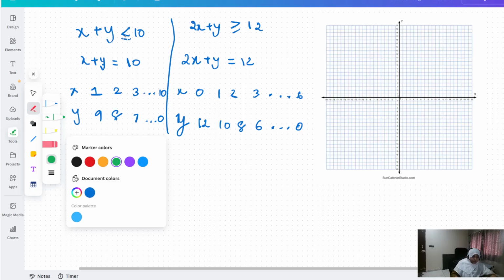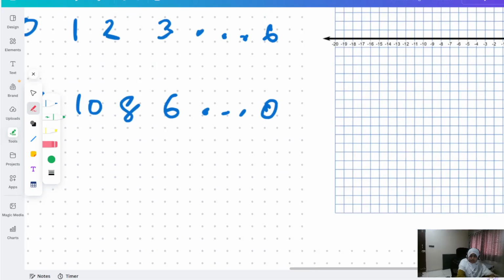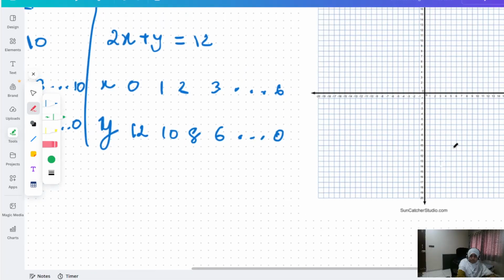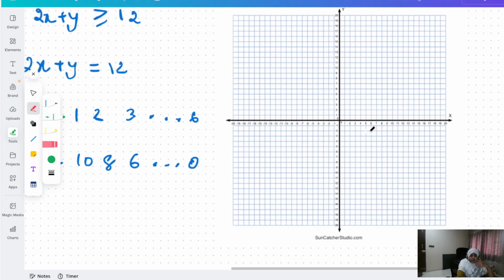For this inequality equation, I'll just zoom this. You see, when my x value is 1, my y value will become 9, so I'll plot over here. 9 is too big, so we'll reduce this.